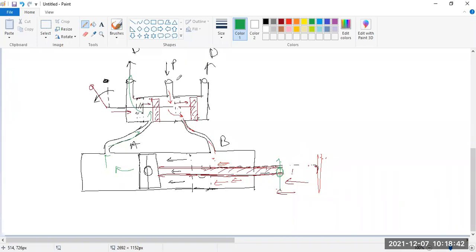As the timing goes on, say T1, T2, the fluid is entering, so it is increasing its pressure because it is pumping. After some time, it reaches up to this position if I hold this.